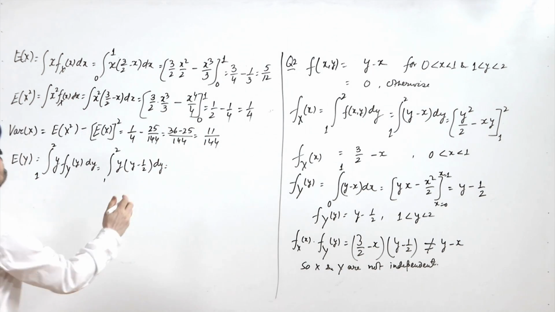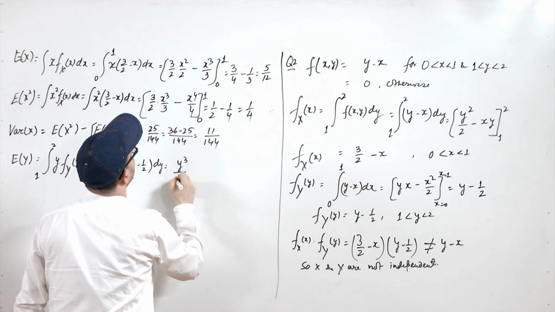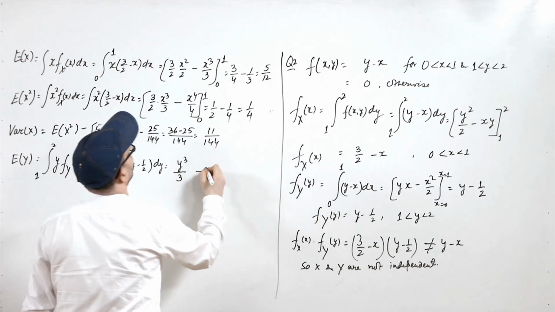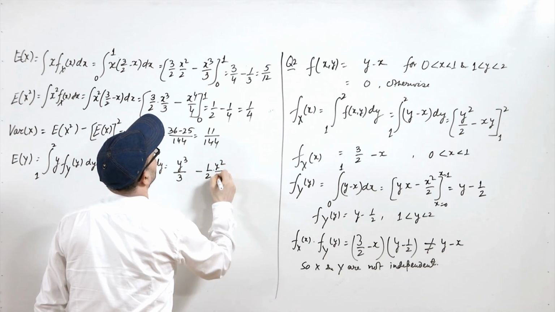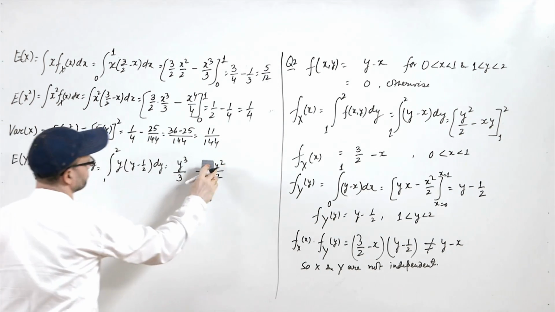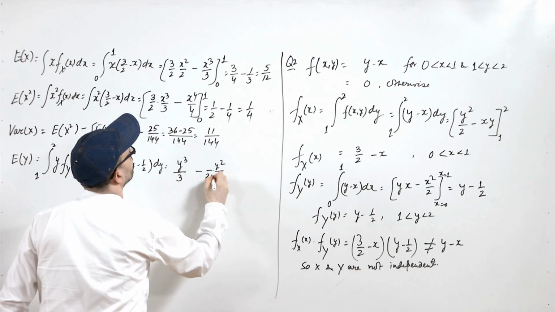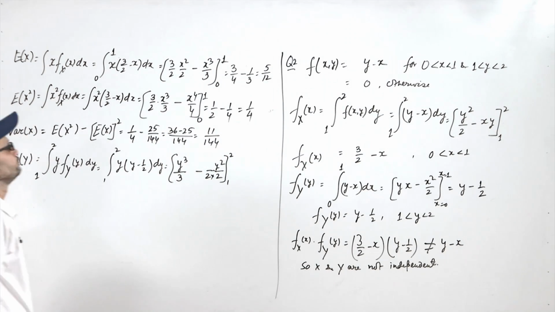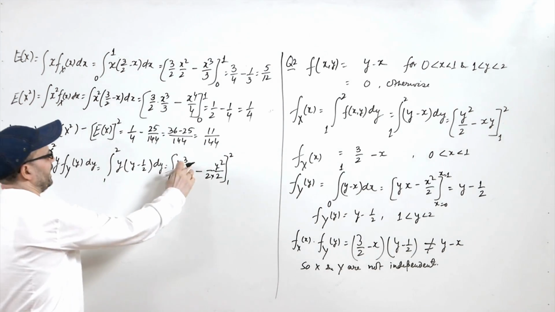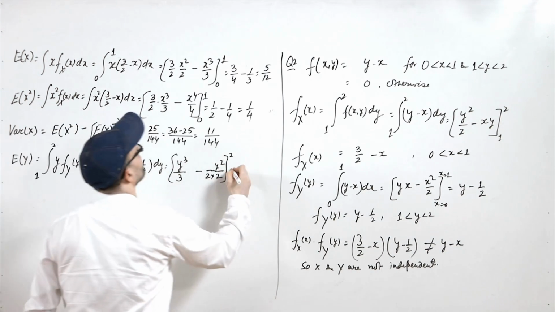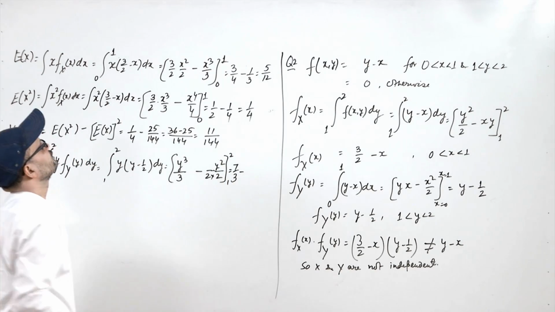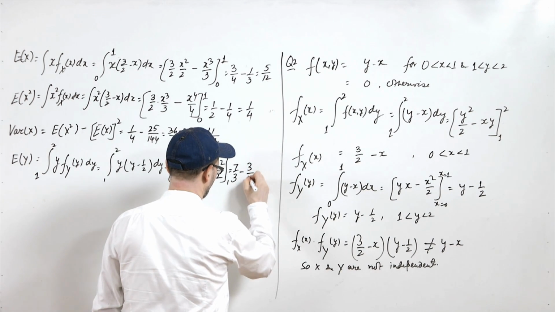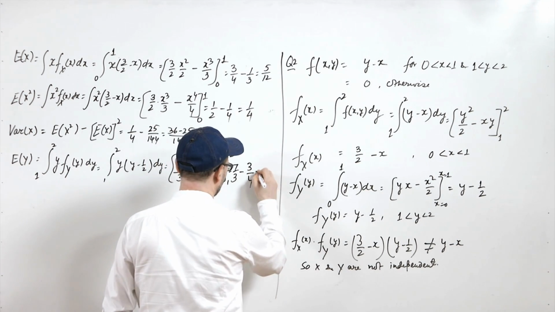It will be y² dy, that is y³/3, minus 1/2 times y dy, so 1/2 · y²/2, that is y²/4, with y between 1 and 2. So, this value will be (8 − 1)/3 = 7/3 minus again y²/4, so (4 − 1)/4 = 3/4. So, this will be 19/12.